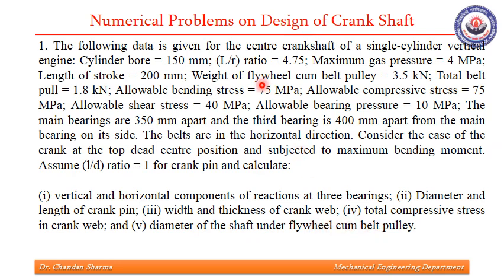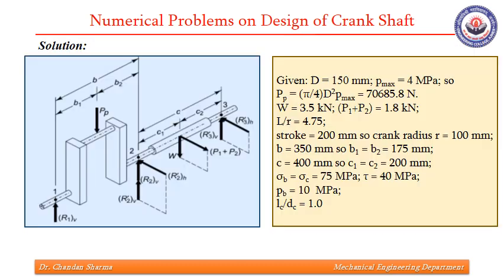And we have been given various data. So with the background that we have done in our previous presentations of design of center crankshaft, we would like to solve this problem step by step. This is a line diagram of a center crankshaft.